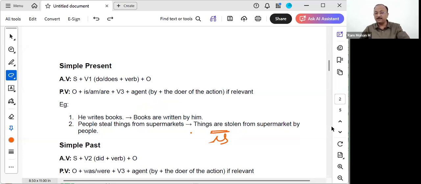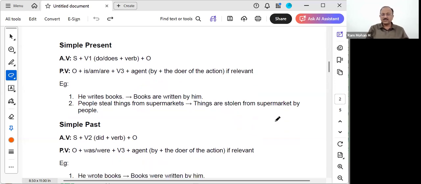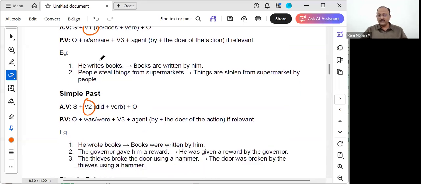Okay. Now we'll go to simple past. It is also almost the same. What is the difference? The structure is subject, then in the simple present the V1 form. In the simple past, we will have the past form of the verb, V2. Object will remain the same, correct? Like he wrote books. He writes books is the simple present. He wrote books. He has finished the task.